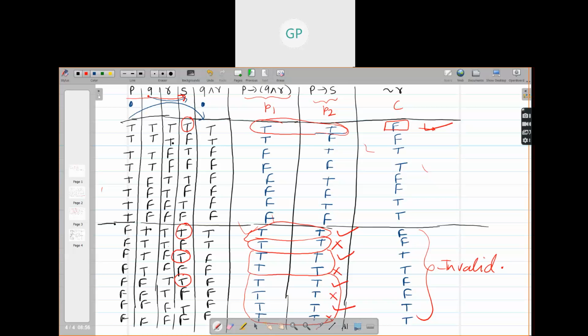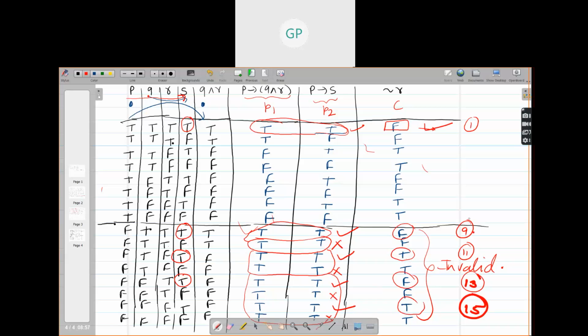So the ticked rows are row number 1, then row 9, row 11, row 13, row 15. What do you observe in these rows? What is happening in the 11th row? All your premises are true, and the conclusion is also true.